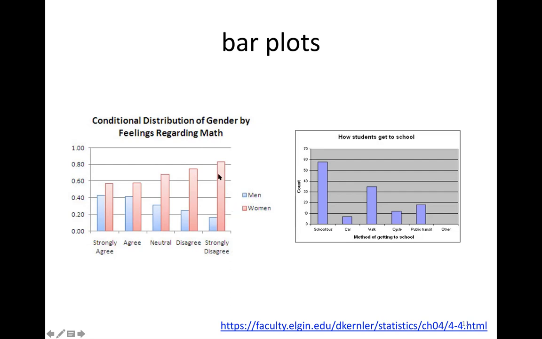And we can again easily see something we might not have seen so efficiently just looking at the numbers. We can see very clearly that there is an increasing discrepancy in the responses between men and women, going from strongly agree to strongly disagree. That can be easily seen here.